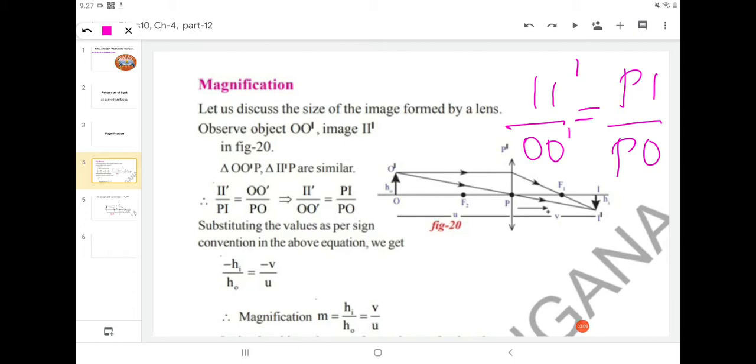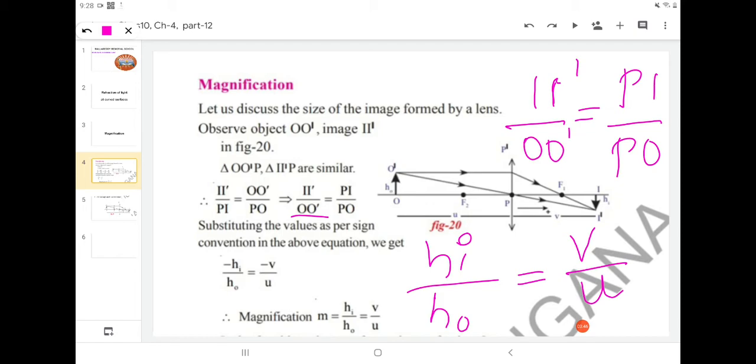I' is the height of the image, so HI, and O' is the height of the object, so HO, which equals PI. The distance from the pole to the image is the image distance, which we take as V, and the distance from P to O is the object distance, that is U.